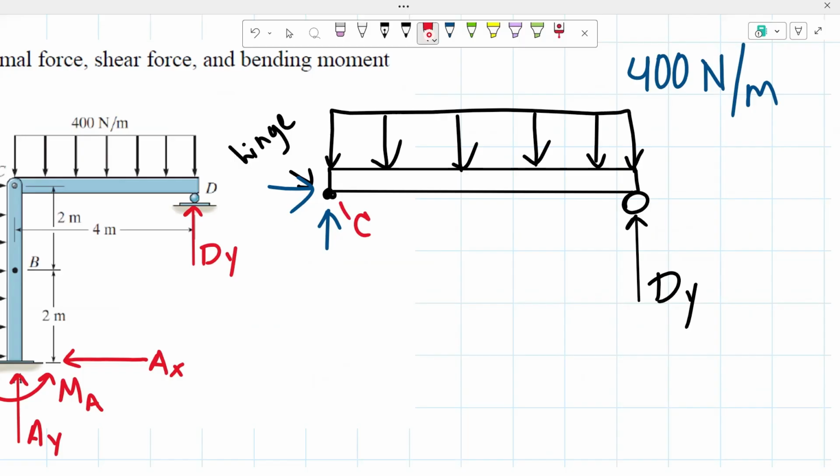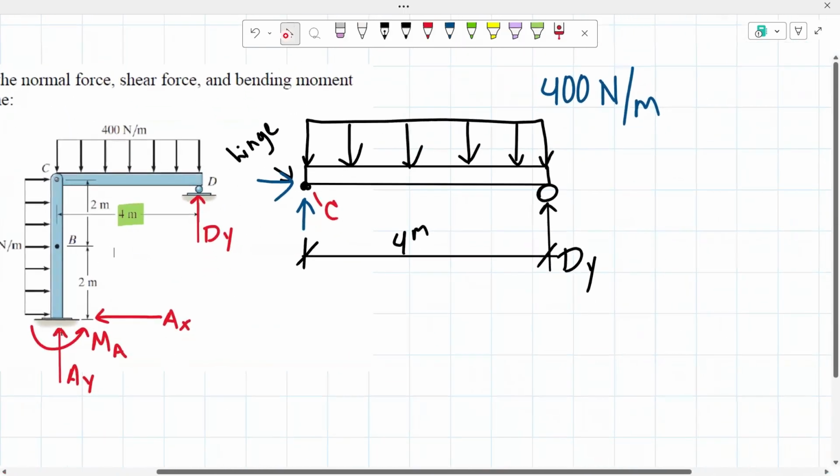Since I'm taking the sum of the moments about point C, the reactions of the hinge will not create a moment. That way I would simply be solving for my reaction D sub y. We know that this part of the frame has a span of 4 meters given to us right here.